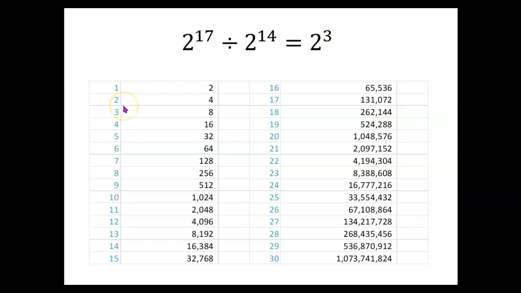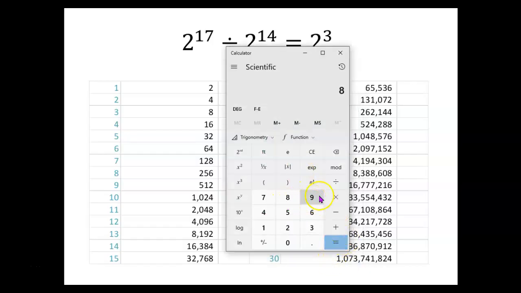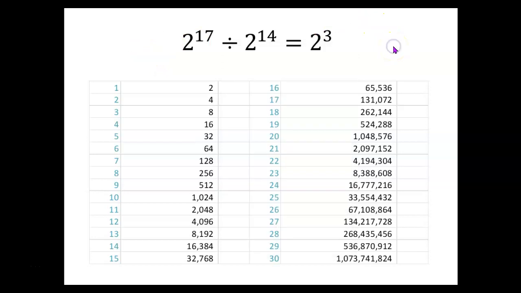What if we did 8 divided by 512? So we're doing a smaller number divided by a bigger number. 8 divided by 512, and we get a decimal, 0.015625, which doesn't show up on this list of numbers, but what it ought to be is, if you take 3 minus 9, you get -6.